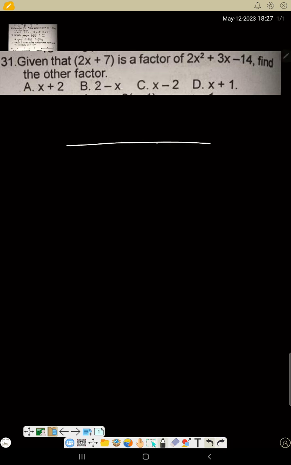So now we have 2s squared plus 3s minus 14.